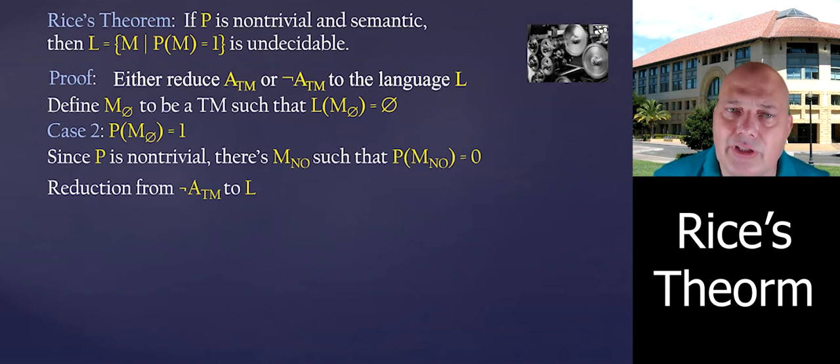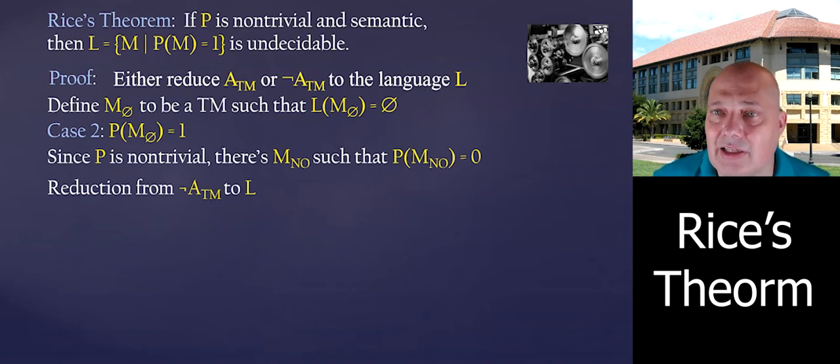The important point here is that if the property holds for M naught, meaning the machine that accepts nothing, then the language is not even recognizable, because in that case, we are reducing from not A_TM to L.